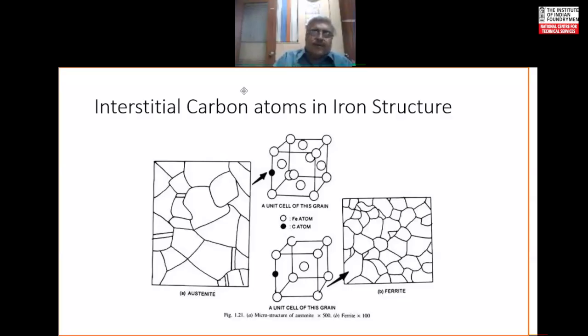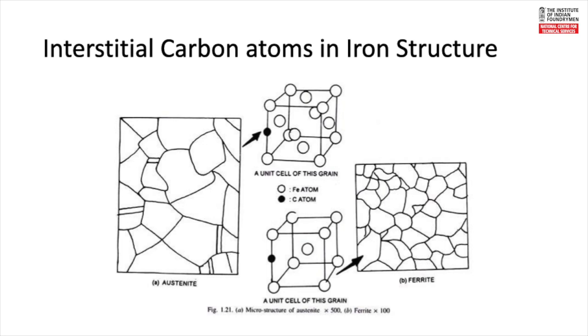In austenite, the carbon tends to occupy positions along the edge, while in ferrite, again it occupies a place along the edge. Imagine a lattice structure with many such unit cells. These are the interstices within the iron structure which get occupied by carbon atoms.